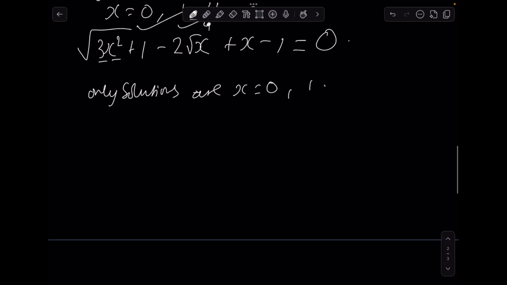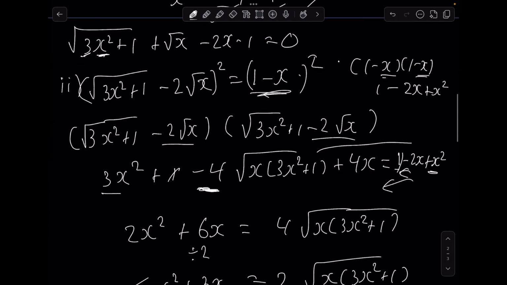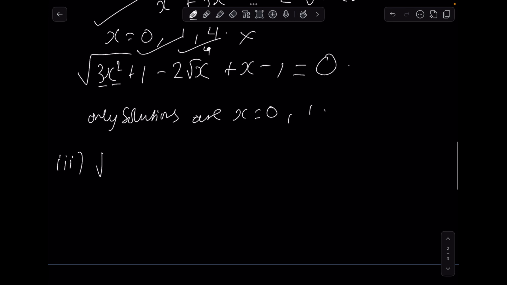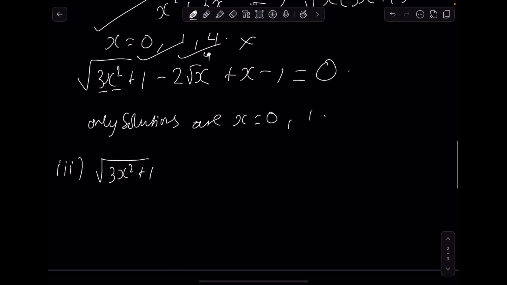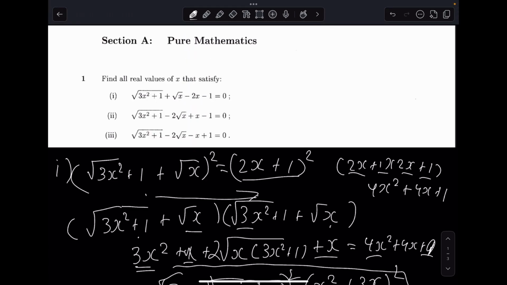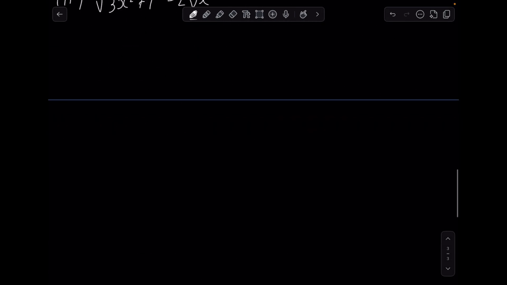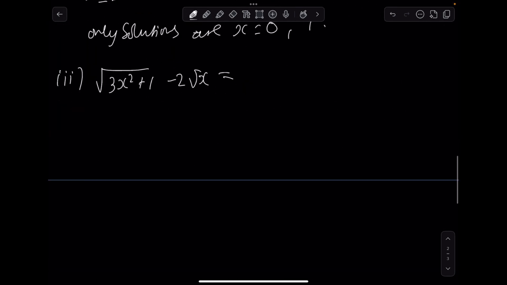Okay, let's go on to the last part. So it's root 3x, so the same thing again. 3x squared plus 1 minus 2 root x again. Okay, and let's bring the terms to the other side. So it'd be minus x plus 1 would be x minus 1, right?